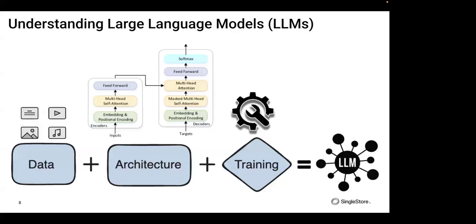What are LLMs basically? They are made up of structured, unstructured data, and the transformer architecture, basically proposed by researchers at Google, and then some kind of training, right? That's how LLMs are basically made up.